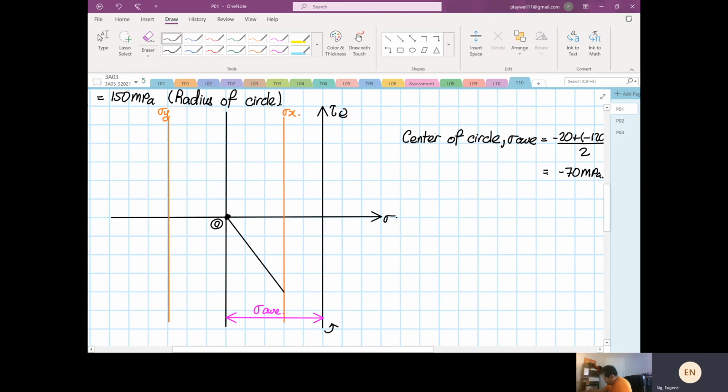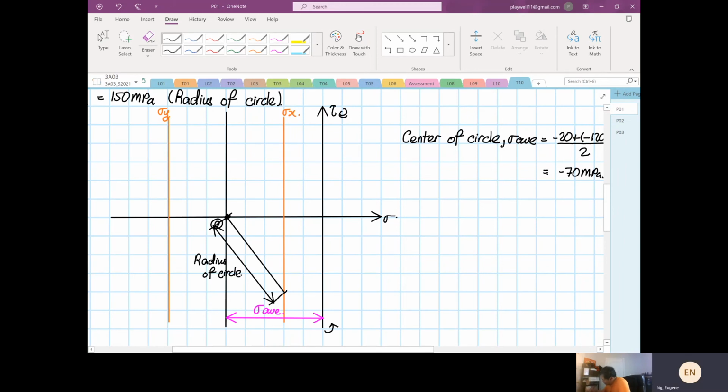So the distance from here to here corresponds to our radius, the radius of circle, which is your tau max.